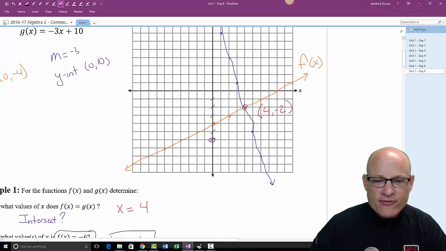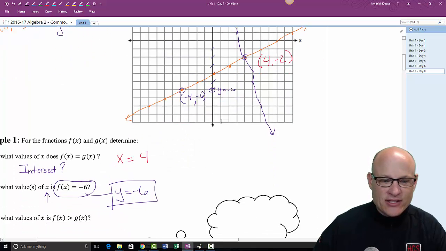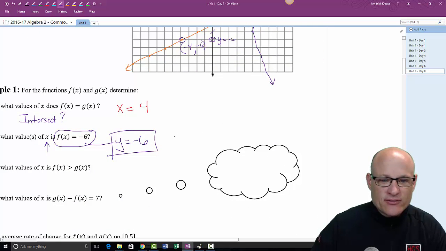There's where y equals negative 6. Now I've got to go over to the f line. There it is, right there. There is the point where the y value is negative 6. If I went like this and told you what that point is, it'd be 1, 2, 3, 4, so negative 4, negative 6. So the answer to this question is x equals negative 4.